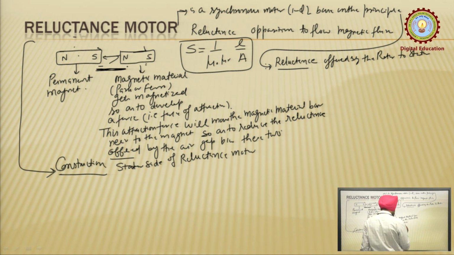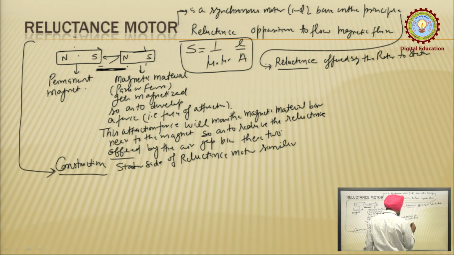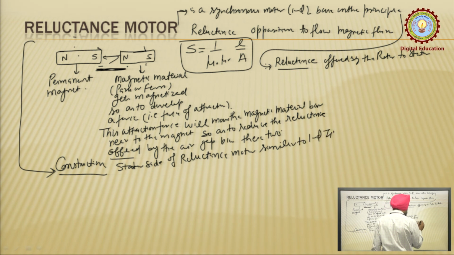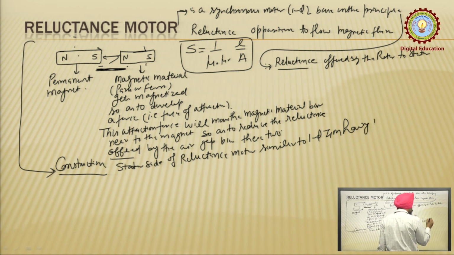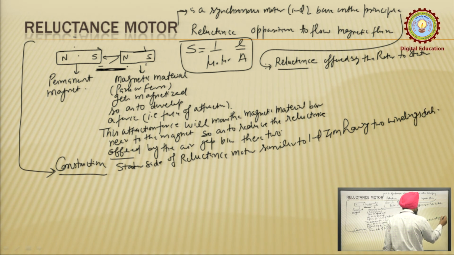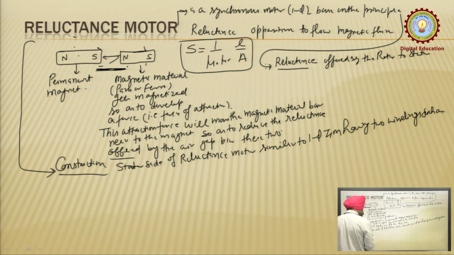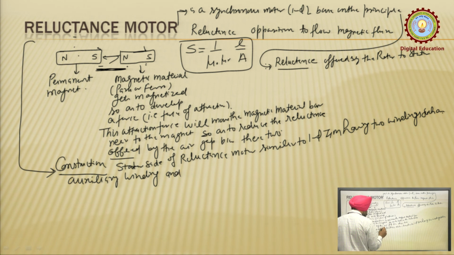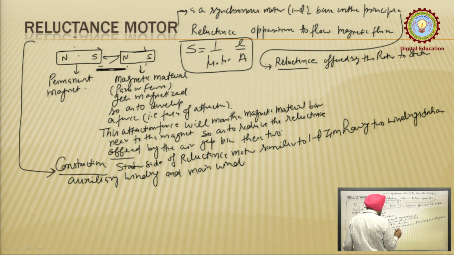It is similar to the single phase induction motor, having two windings: the auxiliary or starting winding, and the running winding or main winding.